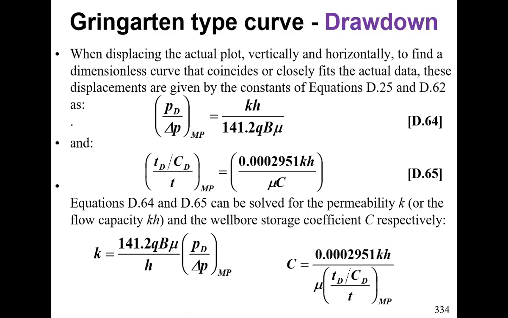To obtain dimensional parameters of interest to you, like permeability, well-bore storage, skin, you will need to prepare your own test data on a log-log scale, and then displace the plot either vertically or horizontally.